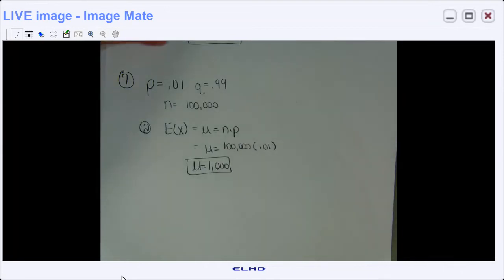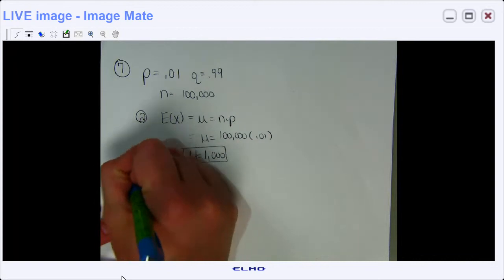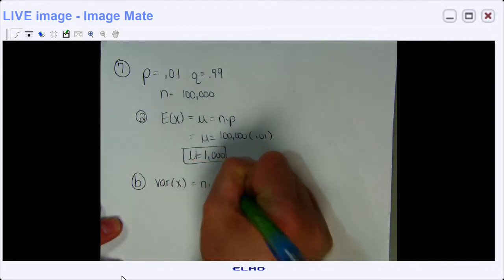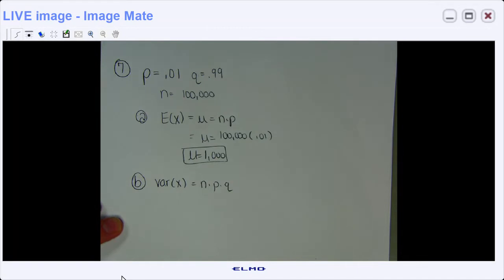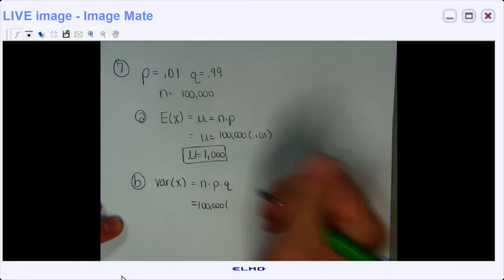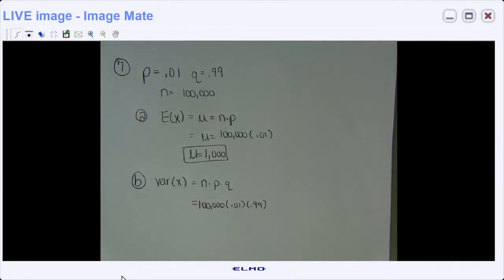Part B asks us to find the variance, and that's going to be N times P times Q. So 100,000 times 0.01 times 0.99.